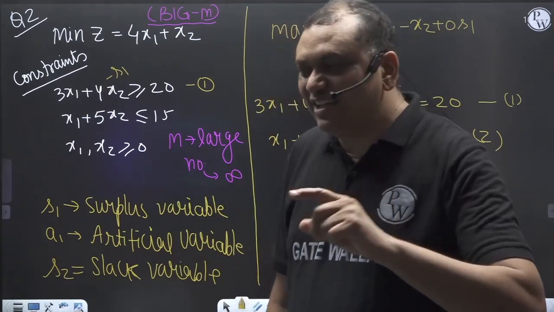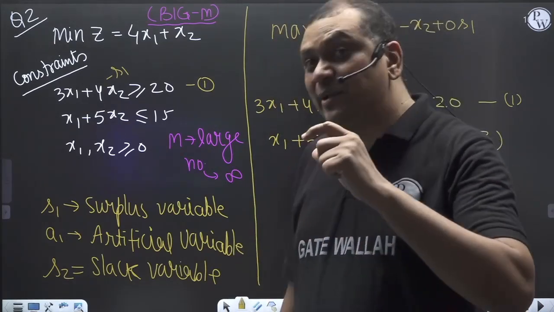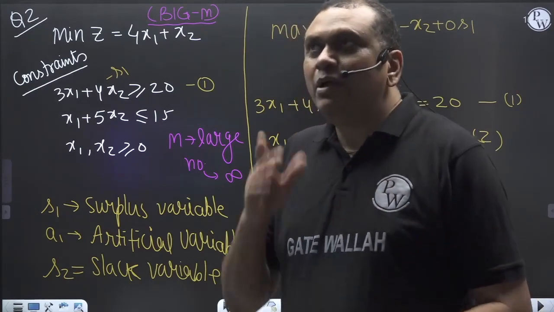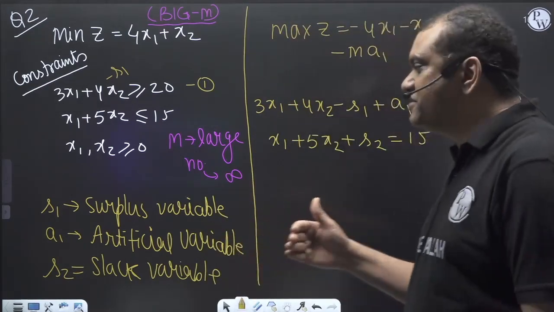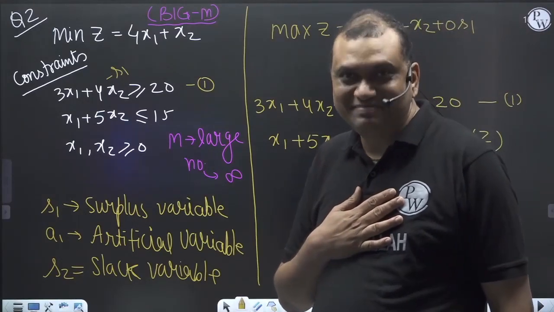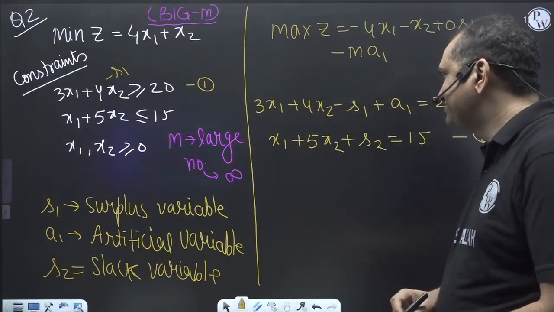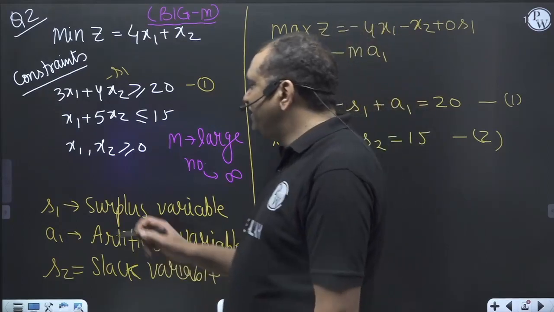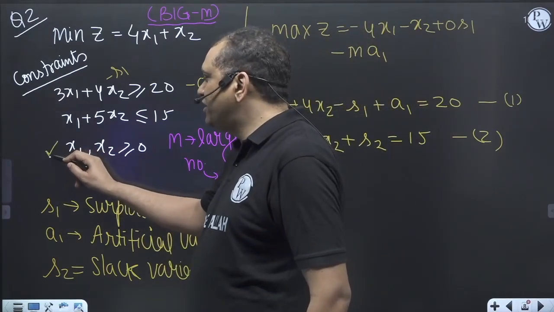I told you, this problem we can solve with the help of graphical, but I want to do it with the help of simplex because I want to learn something. Correct? And anyway, this is a very important constraint.